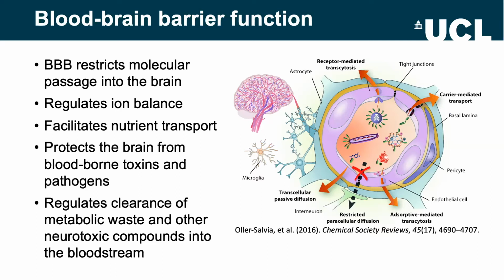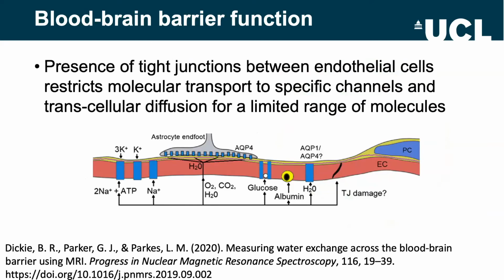The blood-brain barrier allows certain substances through but restricts others. This diagram here gives an idea of how that can happen. There are a number of specific channels in the blood-brain barrier which actively transport specific molecules. Hopefully you can see my cursor. Someone shout if you can't. For example, here we have in blue aquaporins.